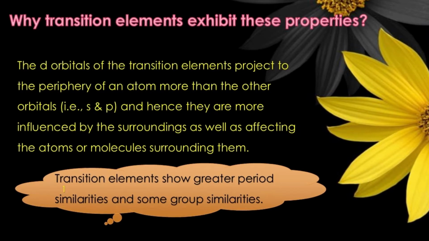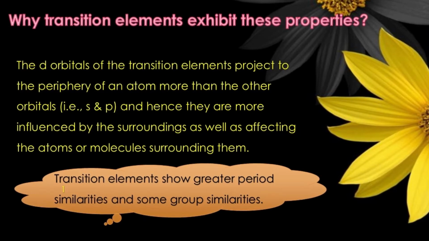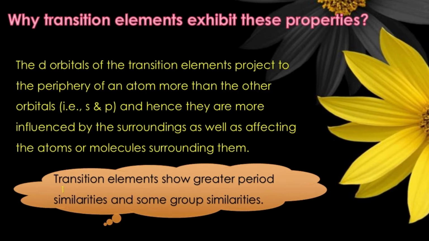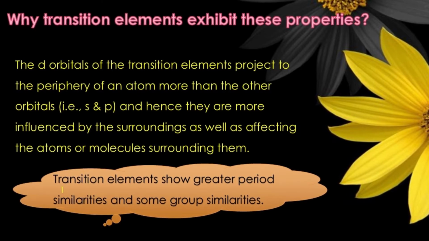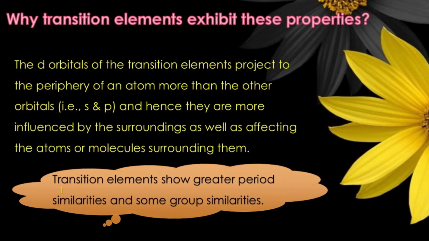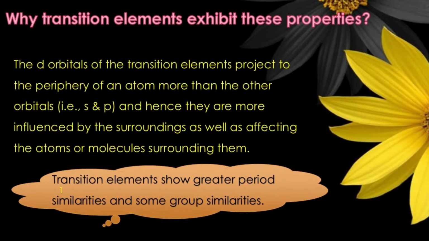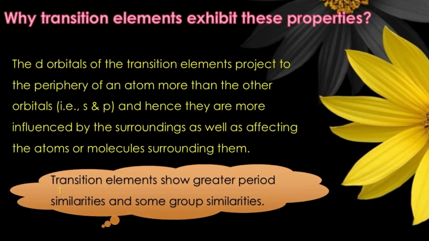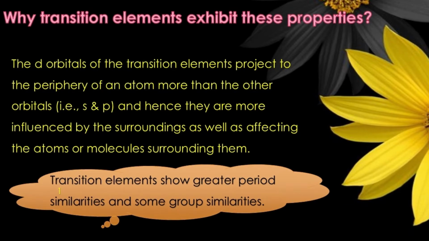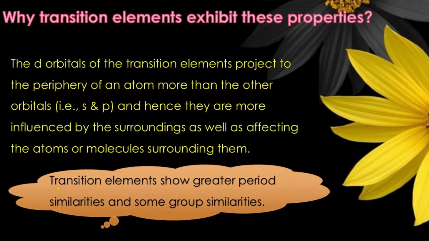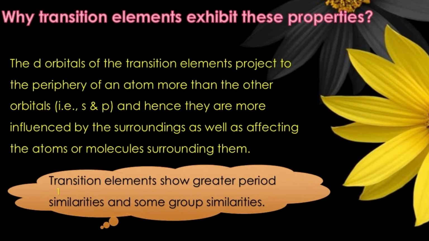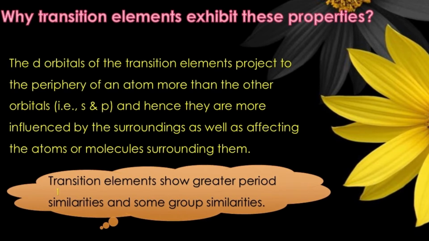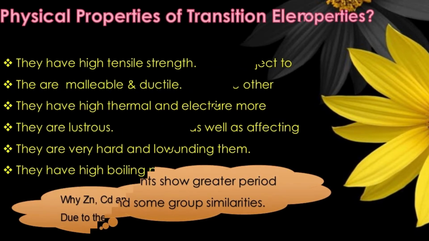Hence the d orbitals are more influenced by the surroundings, and they also affect the atoms or molecules surrounding them. Hence, the transition elements, which have incomplete d orbitals, exhibit these properties.